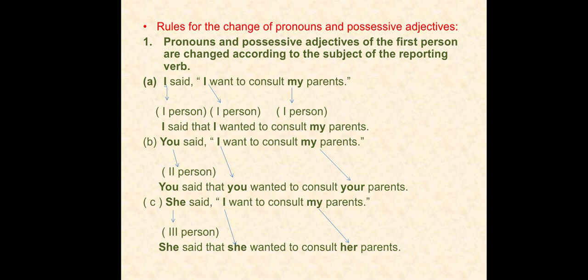She said that she wanted to consult her parents. Here we have used "she" and "her" as per the subject of the reporting verb, that is "she," third person. So I have used "she" and "her" in the sentence.